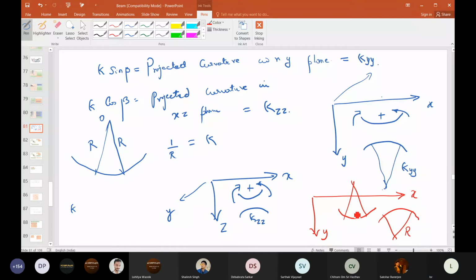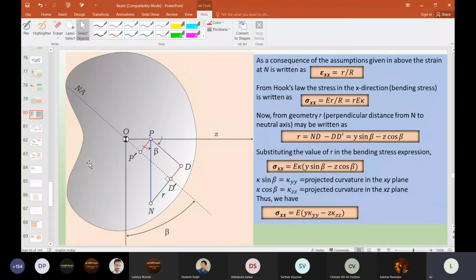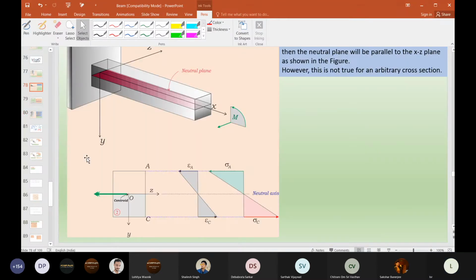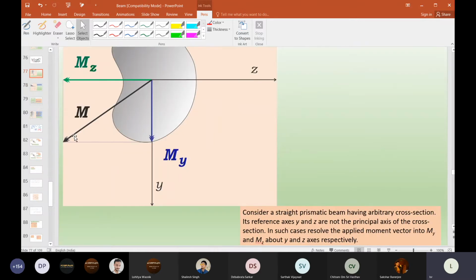But in our case we will have bending in the xy plane as well as bending in the xz plane. Why is that? Because I have moment in this one. It will bend in some plane.